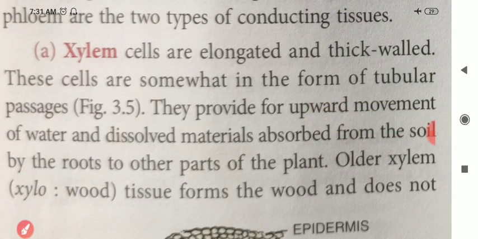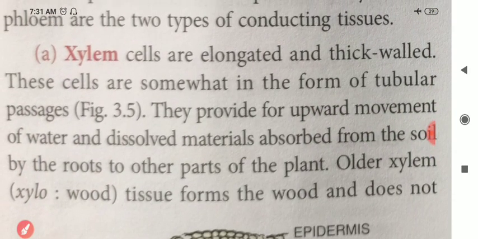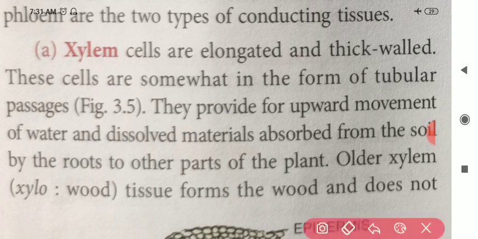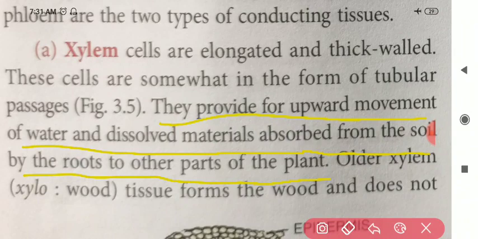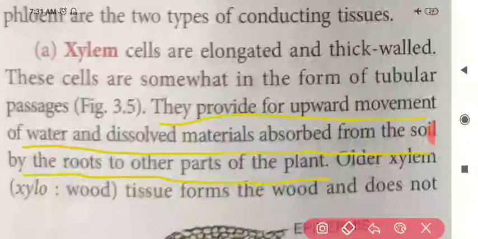For xylem, you must underline this line. It means you must write this line in your notebook: they provide for upward movement of water and dissolved materials absorbed from the soil by the roots to other parts of the plant.